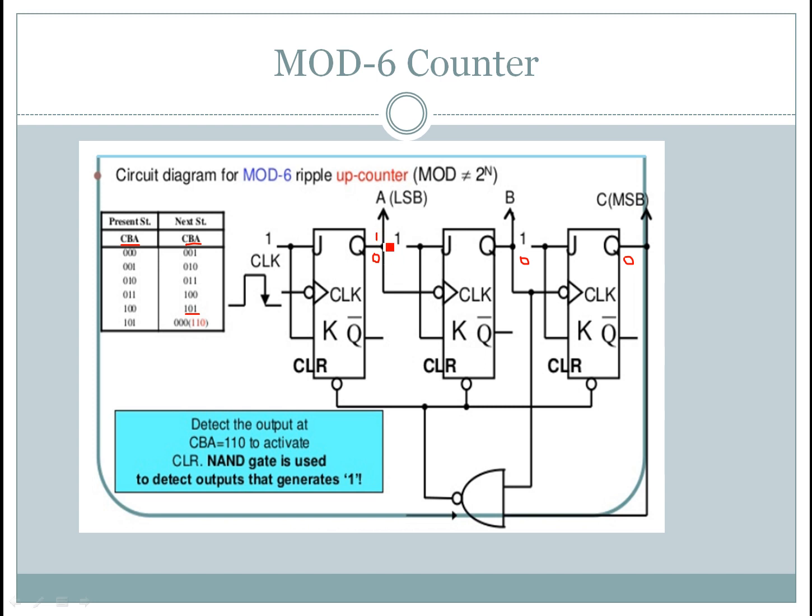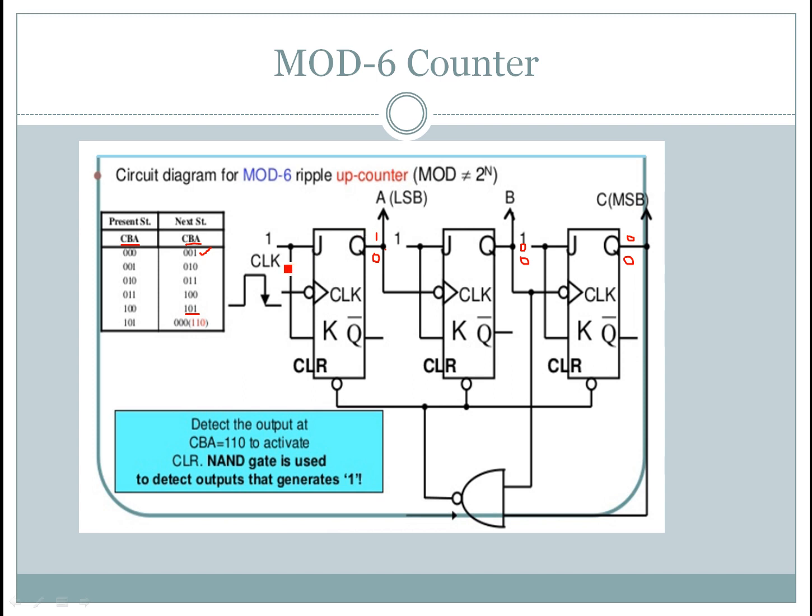Here 0 to 1 is a positive edge, hence the second flip-flop will not change its output. It retains the previous value, that is 0, and here again there is no negative transition. So the third flip-flop also retains its previous value, that is 0. So 0 0 1 is the next state, right?